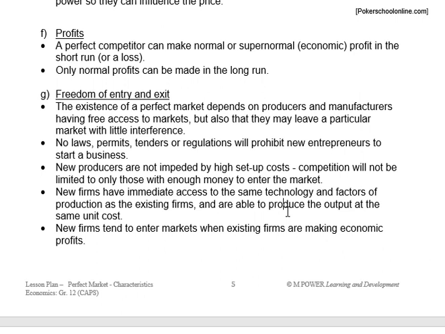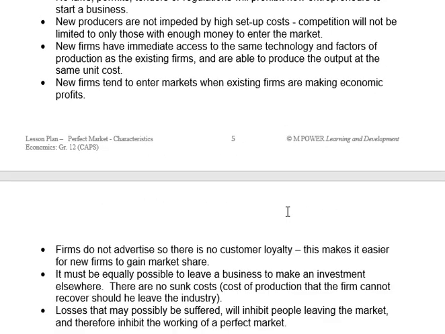So the signal for entry into this market is economic profit. When others in this industry are making economic profits, new entrepreneurs will want to enter this industry because they also want to come and make economic profits.